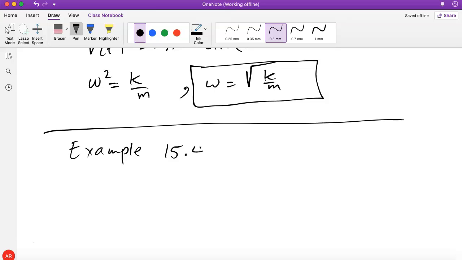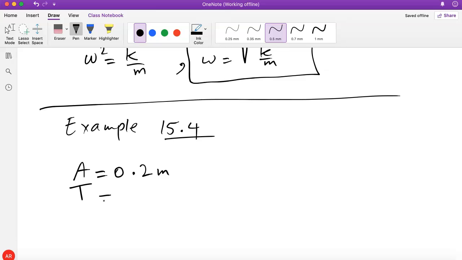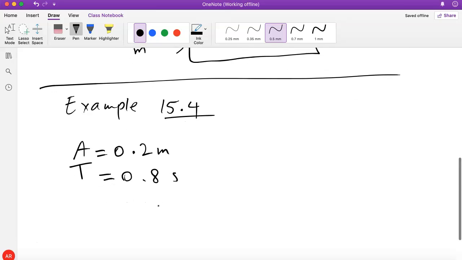The amplitude A is 0.2 meters, because we pull it away from the equilibrium position by 20 centimeters and let it go. T, the period, is 0.8 seconds.